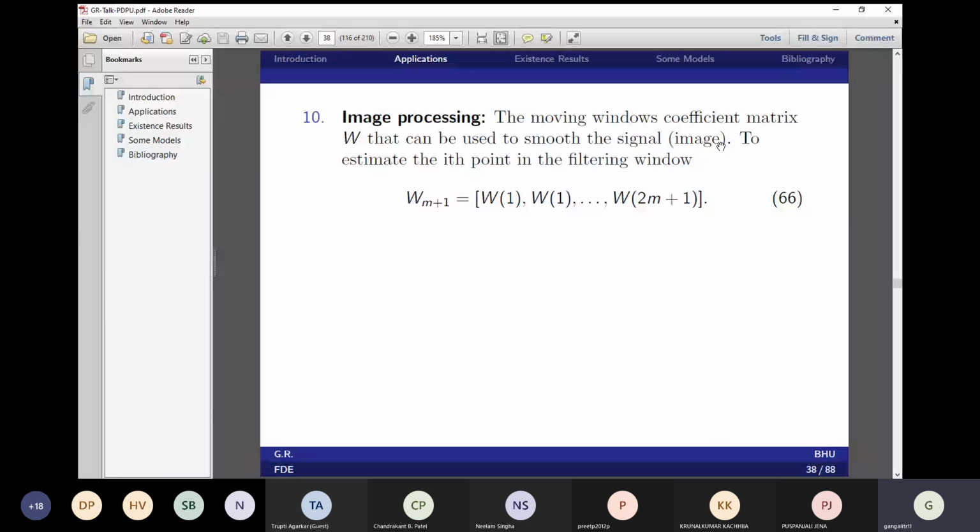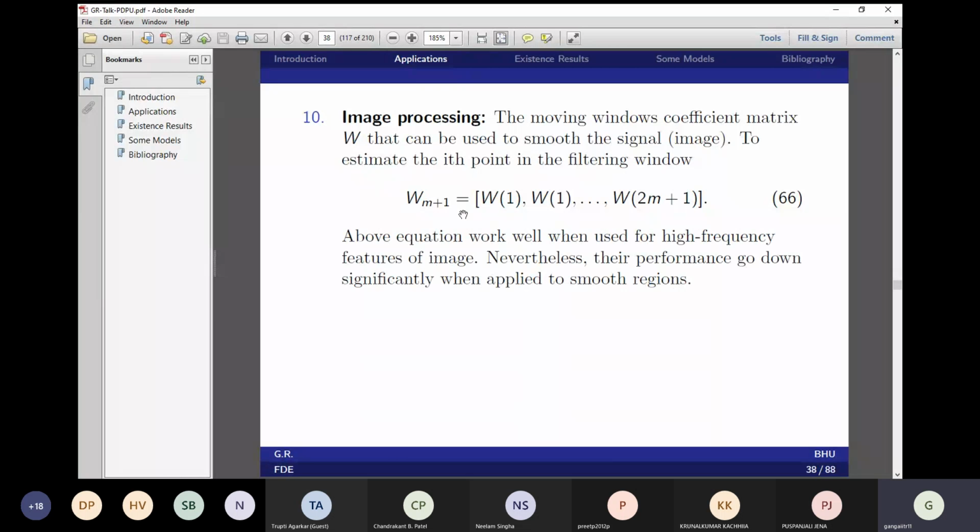Signal here basically means the image, to estimate the filtering of the window. The above equation works well when used for high frequency features of the image. Here W is the window matrix.